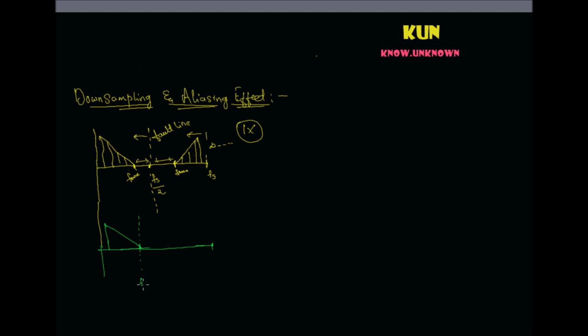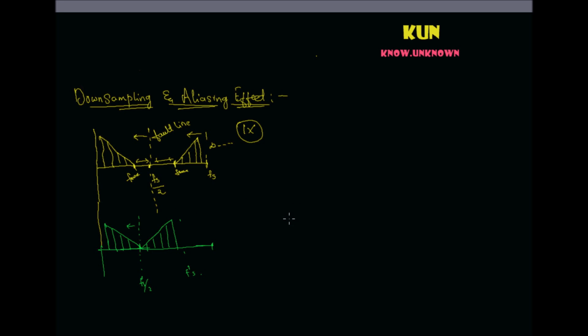So now fs by 2 is going to sit here, and the corresponding image frequencies sit here. So this will be fs, or we can call it f dash of s, as a new sampling frequency. Up to this point everything was fine, as long as these two components of the spectrum do not overlap over each other.